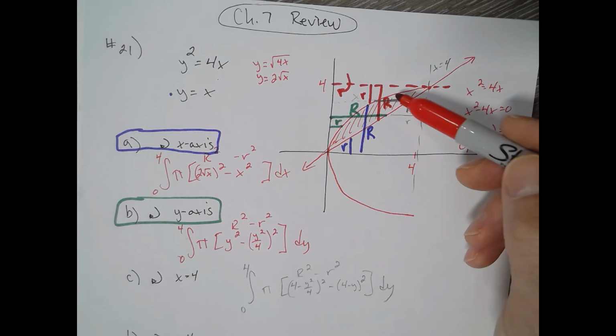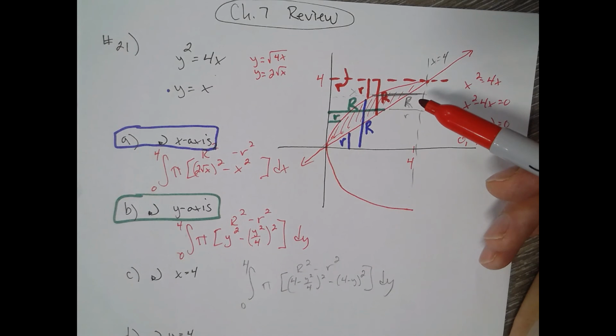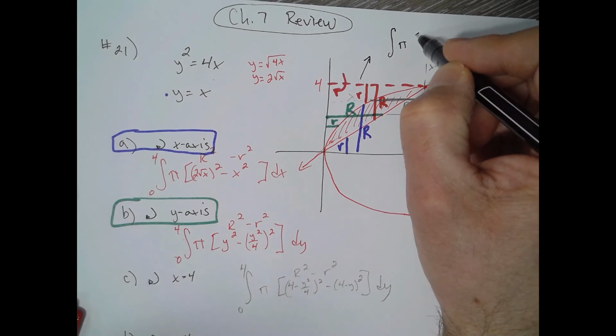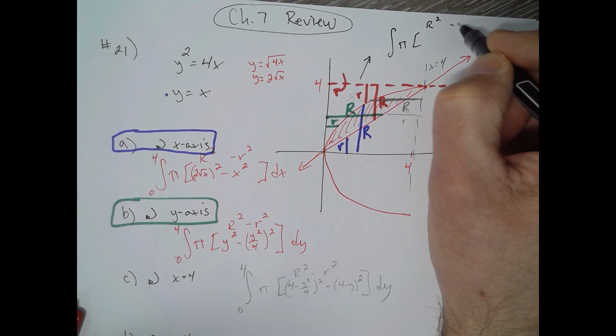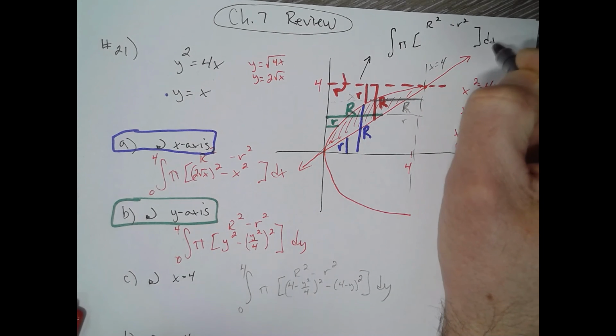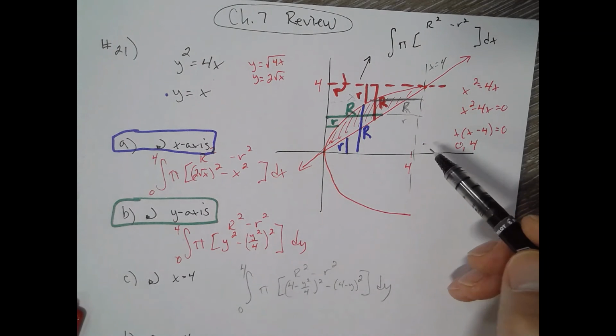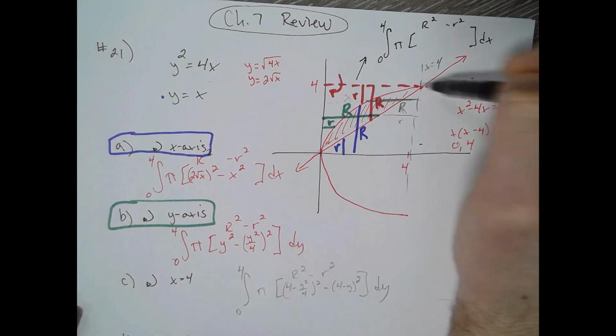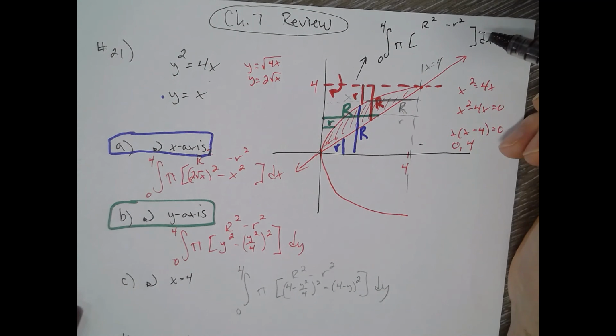We're going dx, so it's the integral of pi times big R squared minus little r squared dx, from 0 to 4. I know it's dx because it's a horizontal axis of revolution using the washer method.